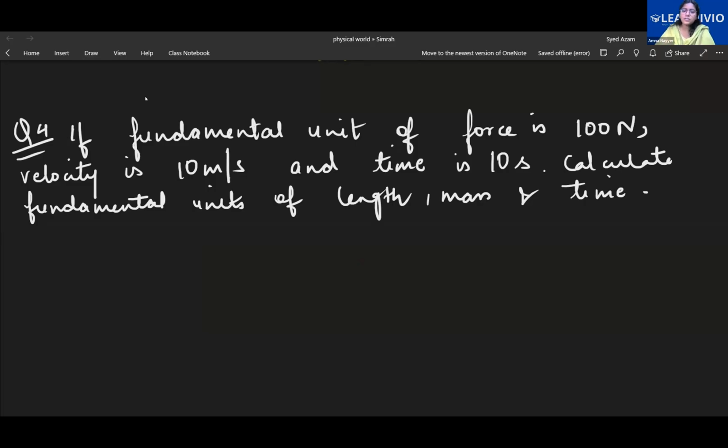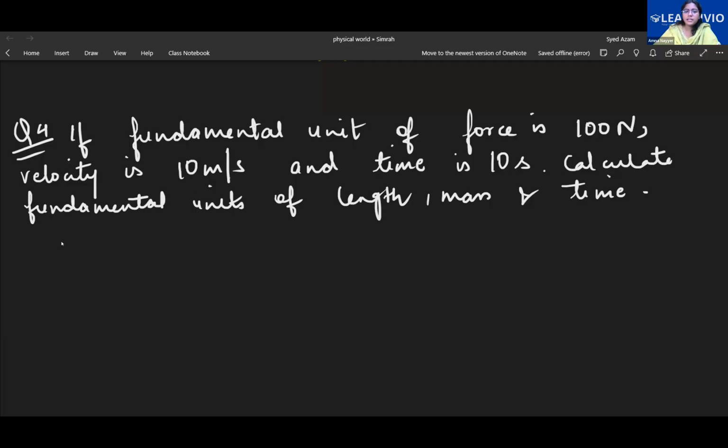So see, in NEET, these questions are very much what we are discussing. So have a good practice on these, and for your 11th class exam also, you should have the toughest preparation done so that the rest of the questions appear easy to you. So one kind of question that I've seen come is like this: if the fundamental unit of force is 100 Newton, it has changed the value of 1 Newton.